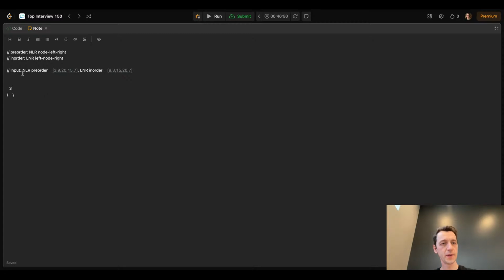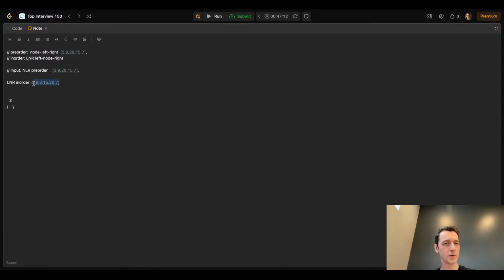So we know this is a node. It might be just easier to say that this thing we need to traverse like that: node, left, right.